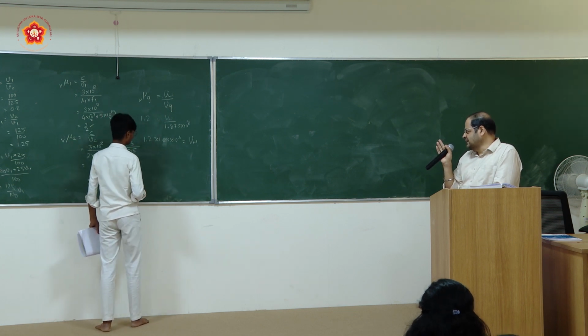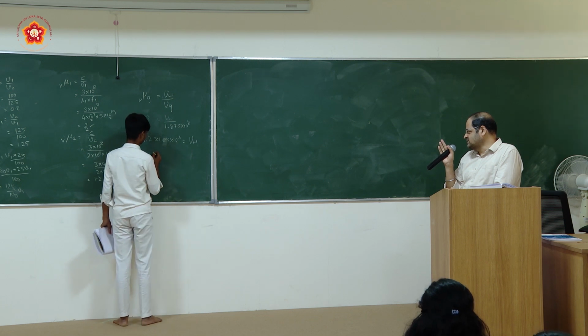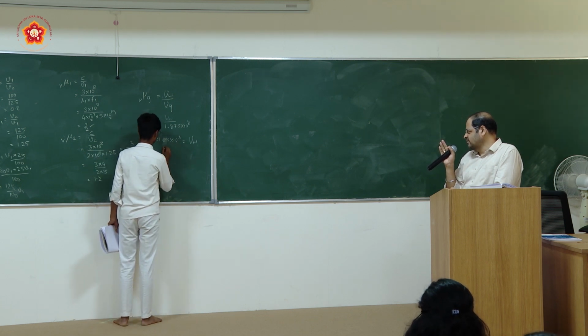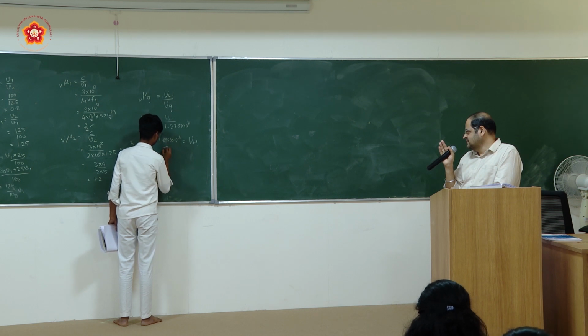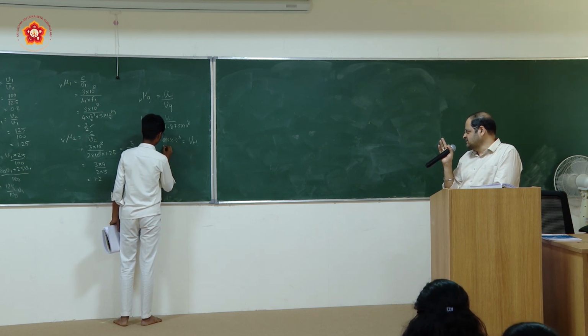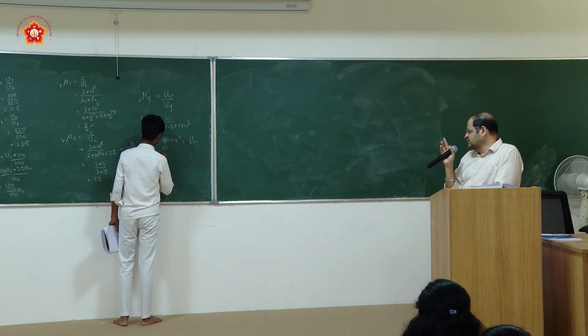I'll tell you. 12 5s are 60, 0 carry 6. Write down 0. Carry 6. 12 7s are 84 and 6, 90. 0 carry 9. 12 8s are 96, and 9 is 105.